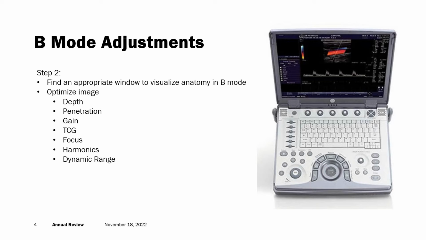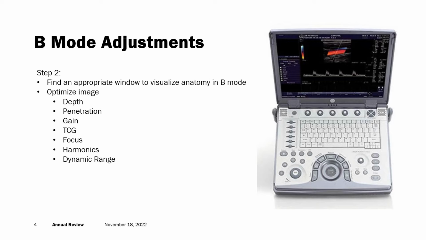So don't be afraid to try different windows. Small rib spaces, scar tissue between the ribs, overlying bowel gas, scar tissue from previous surgeries, things like that can all affect how a window works on a patient, and no two patients are going to scan perfectly from the same windows.